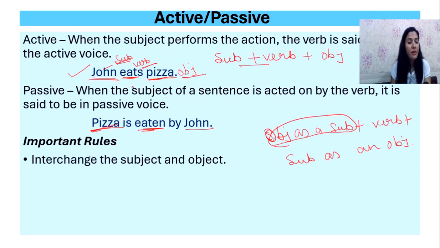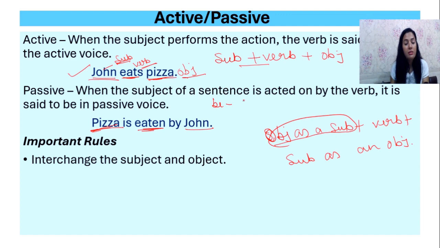Now identify the tense. What is the tense of active voice? It is present indefinite, or you can say this is simple present, right? And when we change a sentence that is in simple present or present indefinite into a passive voice, we need a be verb.